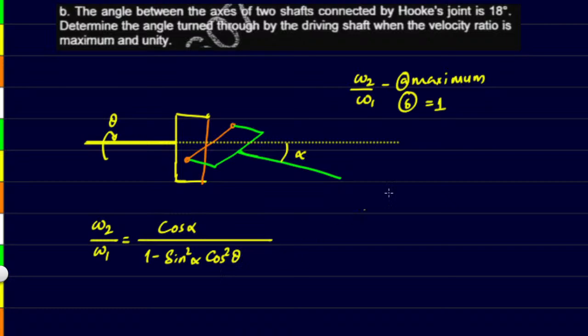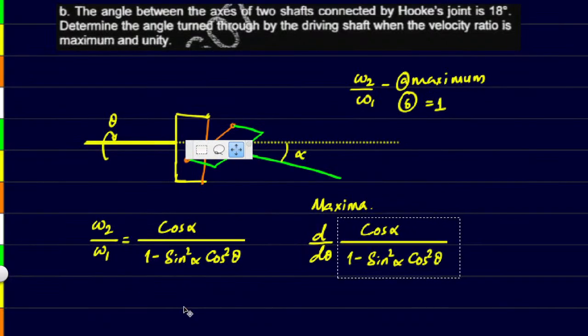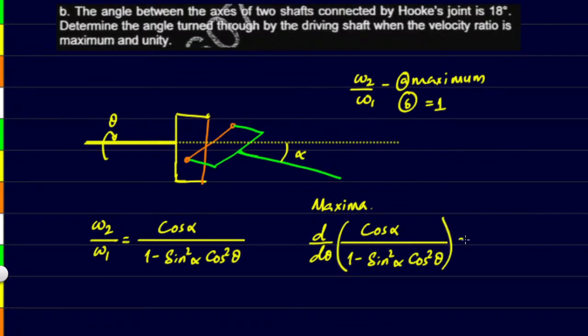So we have to apply these two conditions to this relation in order to find the solution. When omega 2 by omega 1 is maximum, d by d theta of this equation has to be equated to 0. We need to apply the maxima condition: d by d theta of this whole equation equated to 0.